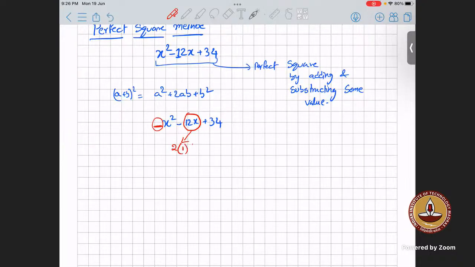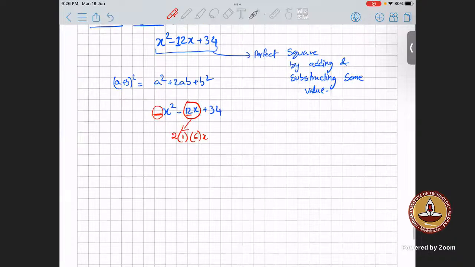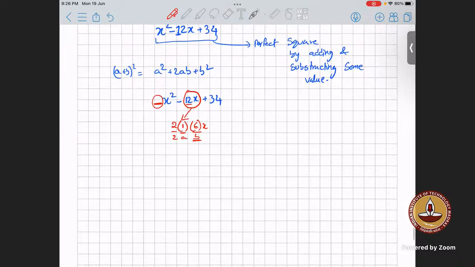And what is the remaining thing left? b is 6, since 6 into 2 is 12. So this is a and this is b. To make x square minus 12x a perfect square, what is the missing one? 36, 6 square is missing.